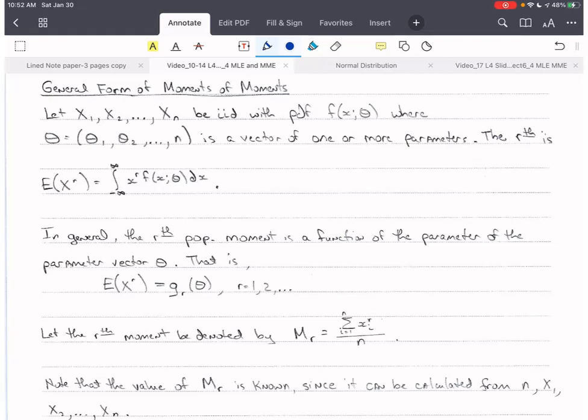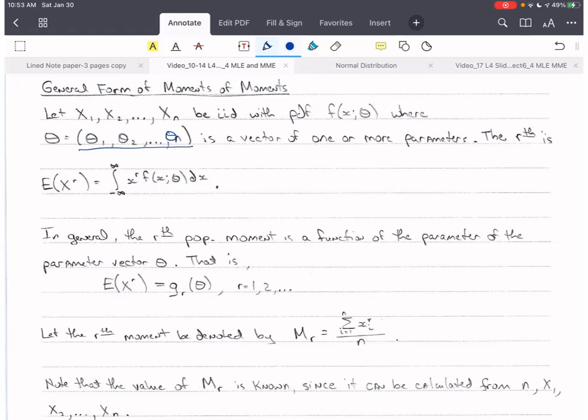And let's assume that theta is a vector of one or more parameters. So remember that a vector of one parameter is a point, and a vector of more parameters is a vector in a hyperplane.